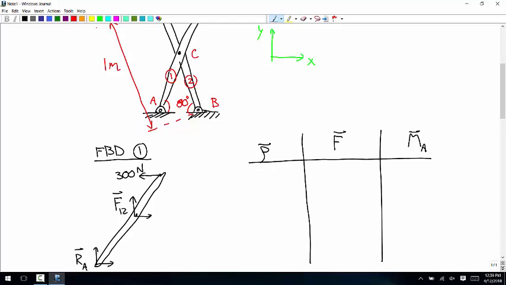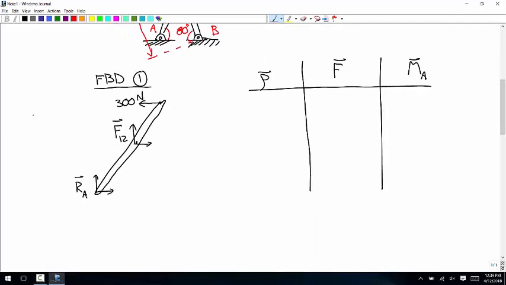And then the about point, I guess I'm going to choose this. So first, the force RA. The rho vector is 0. The force is RAX, RAY. Cross product is 0.